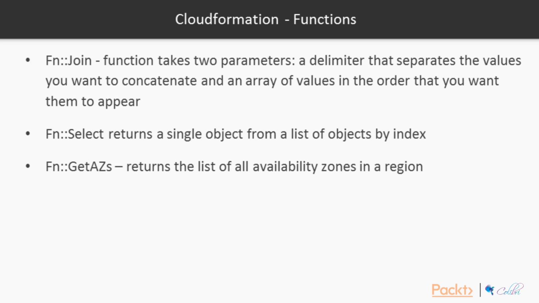Fn::Select returns a single object from a list of objects by index, and Fn::GetAZs returns the list of all availability zones within the region. As you can see, the majority of these functions are of the form Fn:: name of the function, and you should remember that for the exam.